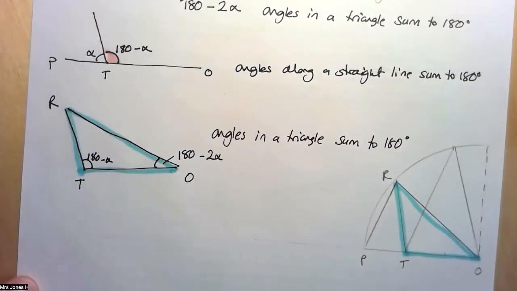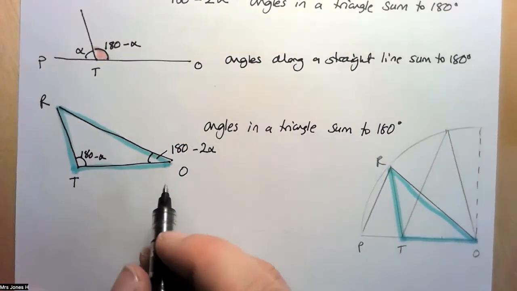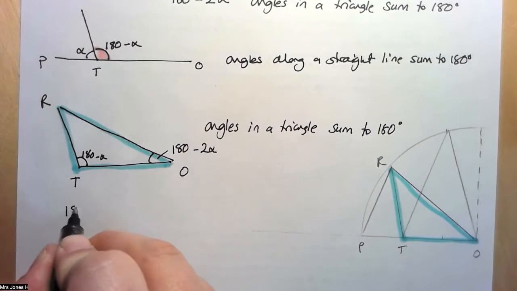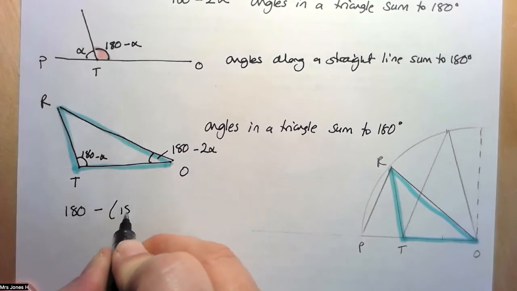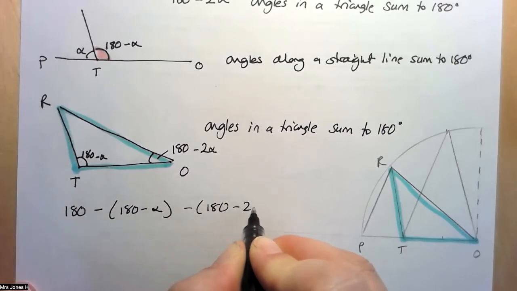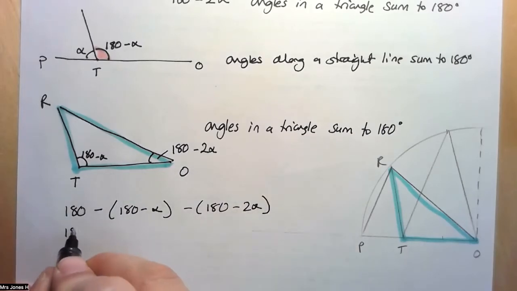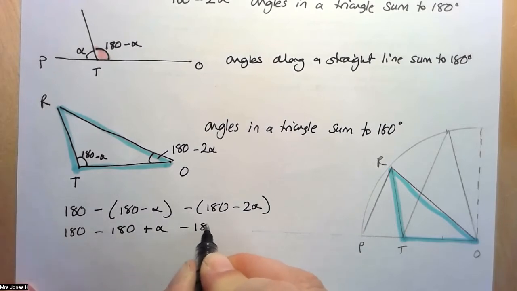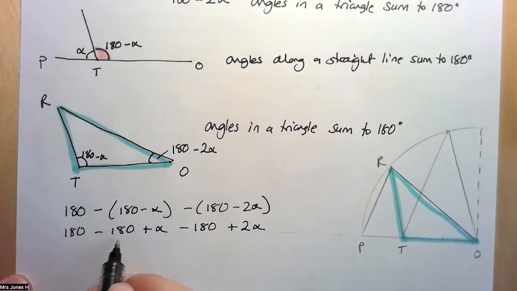Okay, so angles in triangles sum to 180. So therefore I can create an expression: 180 subtract 180, subtract 180 again.